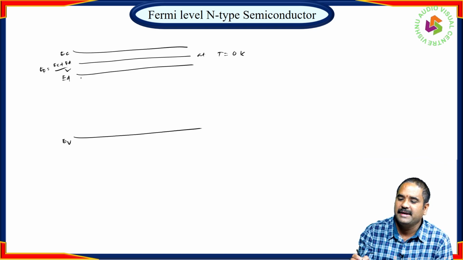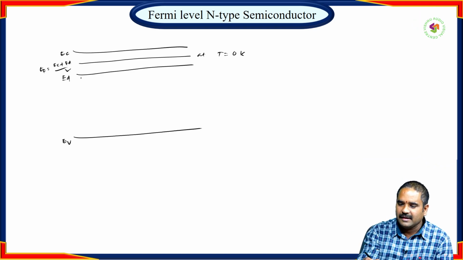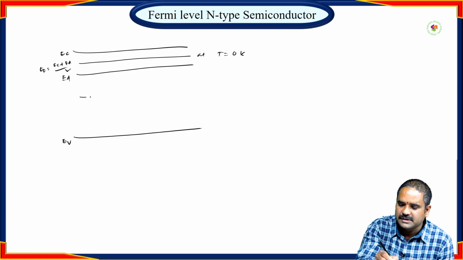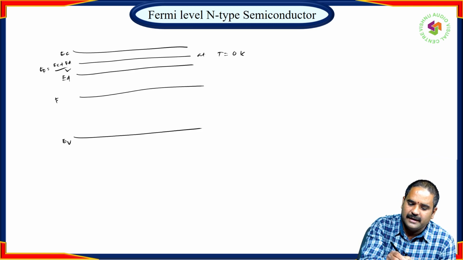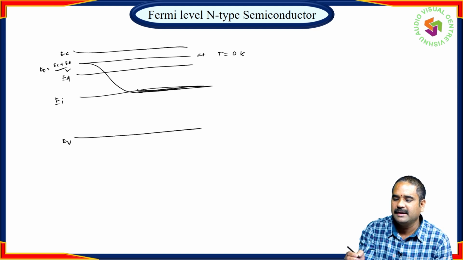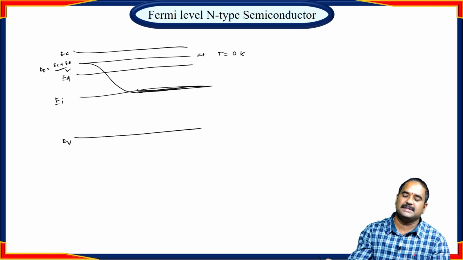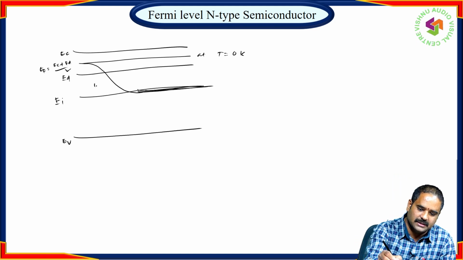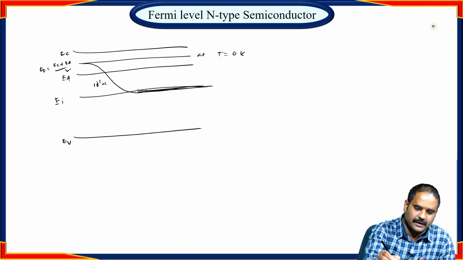But as temperature increases, the Fermi level shifts towards the Fermi level of the intrinsic semiconductor. So this is the variation of the Fermi level in an n-type semiconductor with respect to temperature. This is for a donor concentration of 10 to the power of 21 atoms per meter cube.